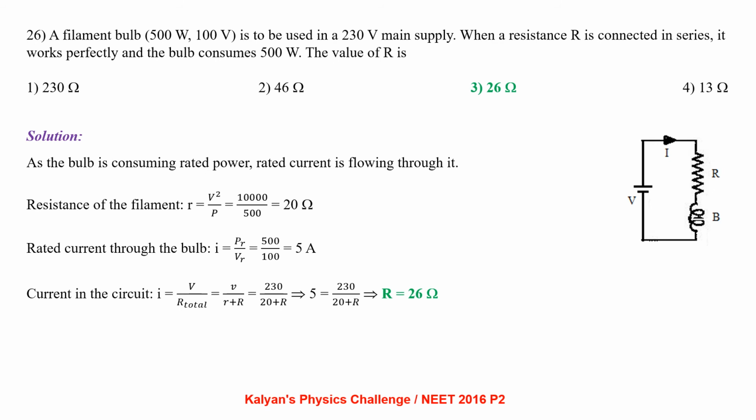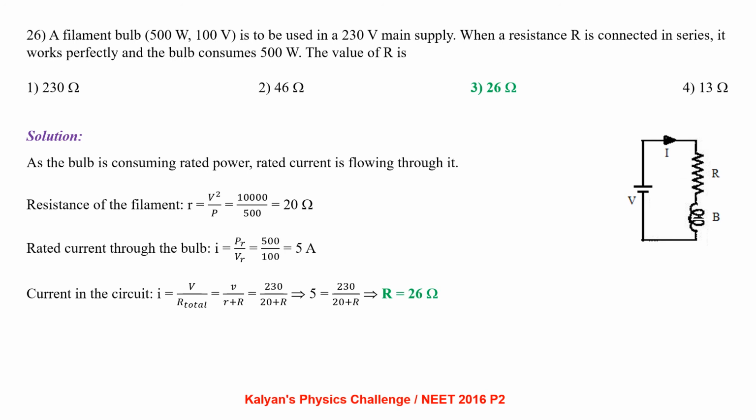A filament bulb of power 500 watt and voltage 100 volt is to be used in a 230 volt main supply. When the resistance R is connected in series, it works perfectly and the bulb consumes 500 watt. The value of resistance to be connected is. As it is given that the bulb is consuming rated power, so rated current is flowing through the bulb.